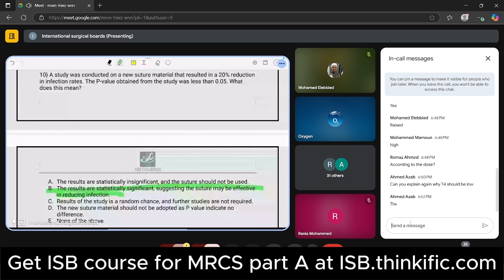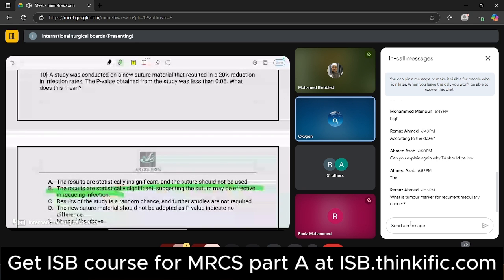Why option B? The p-value basically says that you start off with a hypothesis, which is that this new suture gives you a lower rate of infection. The hypothesis is shown to be true to the point that there is less than a 5% chance that the study by accident randomly produced this result.